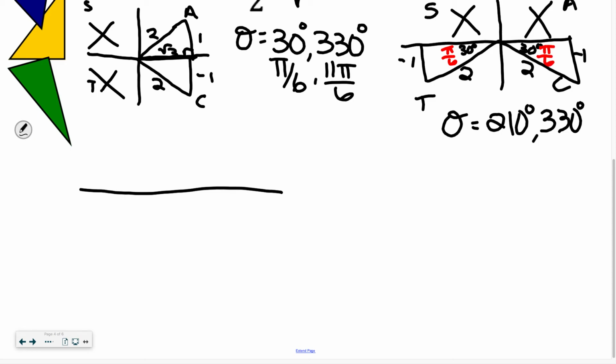So you can take pi plus pi over 6, which is 1 1/6, or 7 pi over 6. And you can take 2 pi minus pi over 6. They have common denominators, so 2 pi is really 12 pi over 6. 12 pi over 6 minus pi over 6 is 11 pi over 6.